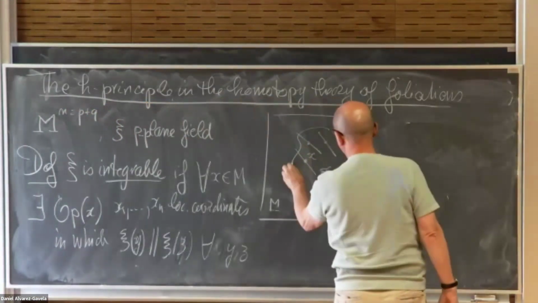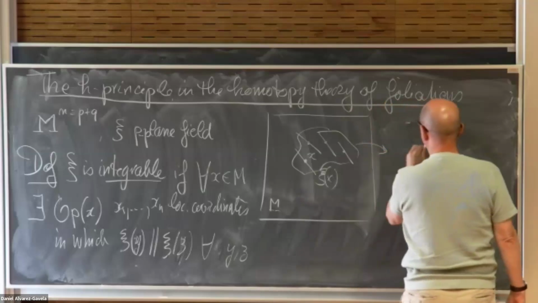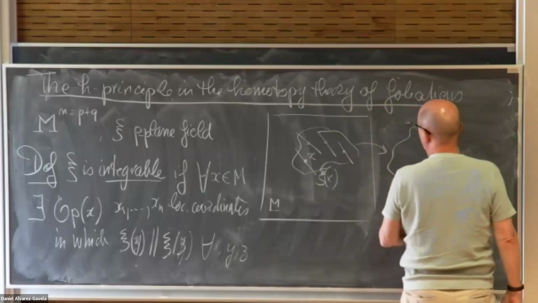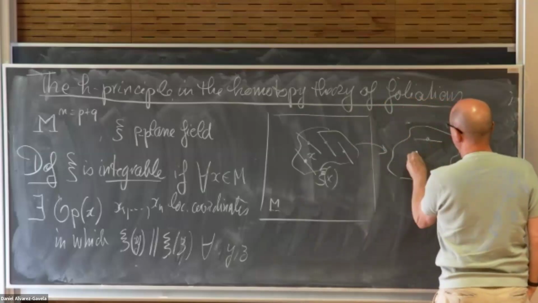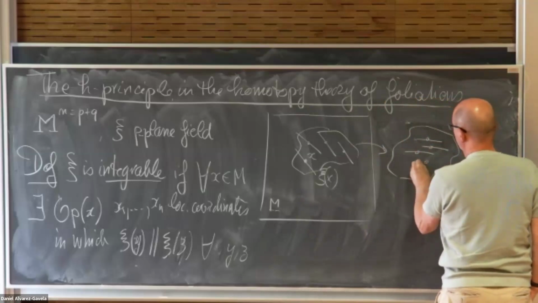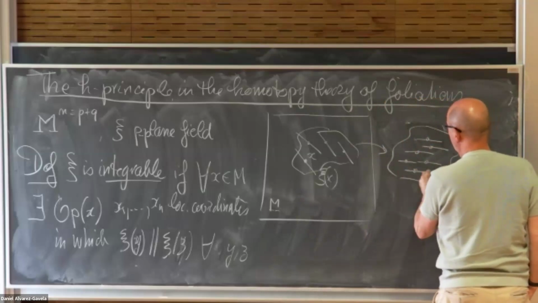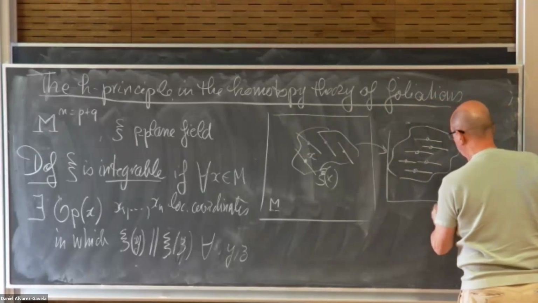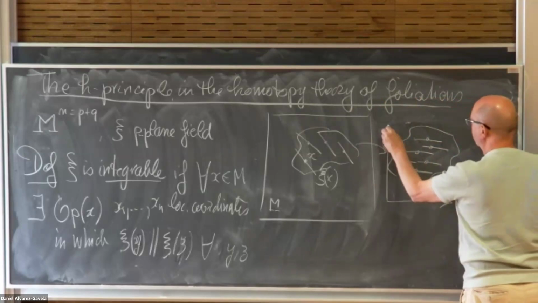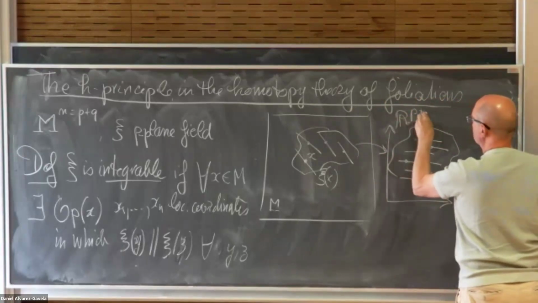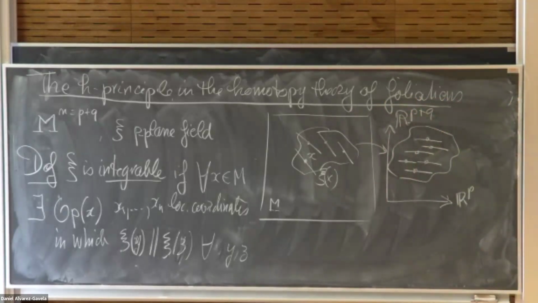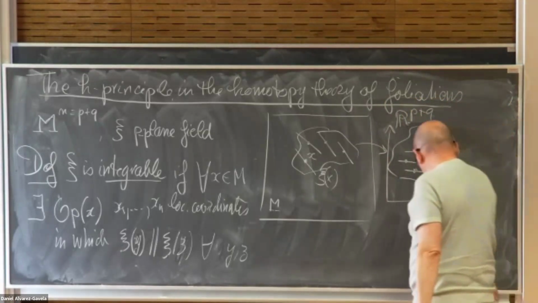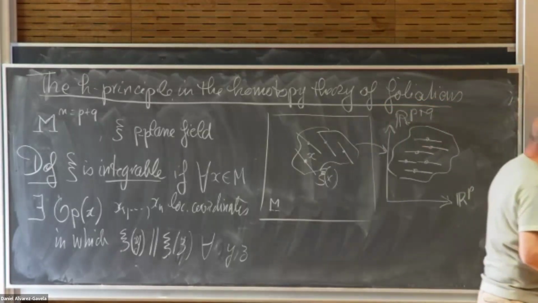So locally, you have a chart in which these planes appear as the planes parallel to R^p in R^(p+q). So this is a foliation.